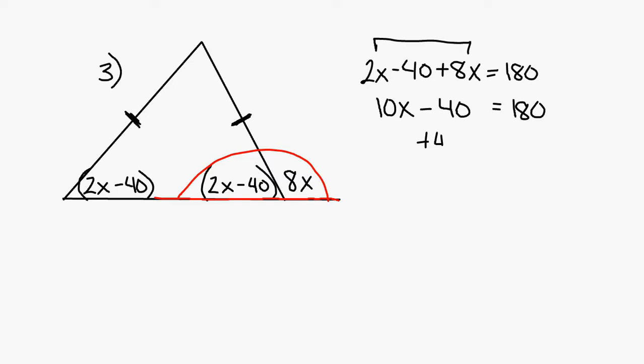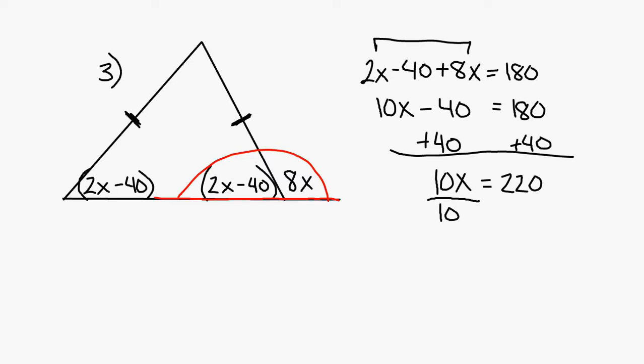Add 40 to each side. 10x equals 220, and then you can divide by 10. So x equals 22, and they said to find the value of x, so there you're done.